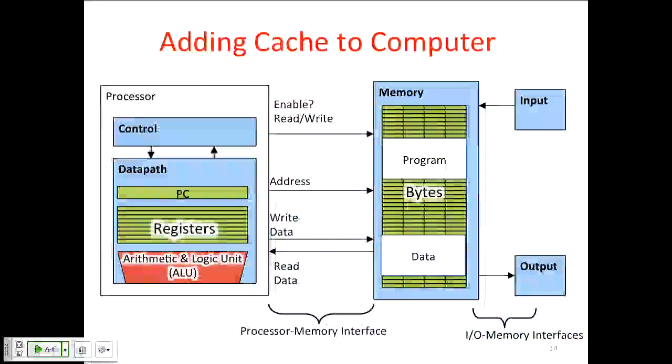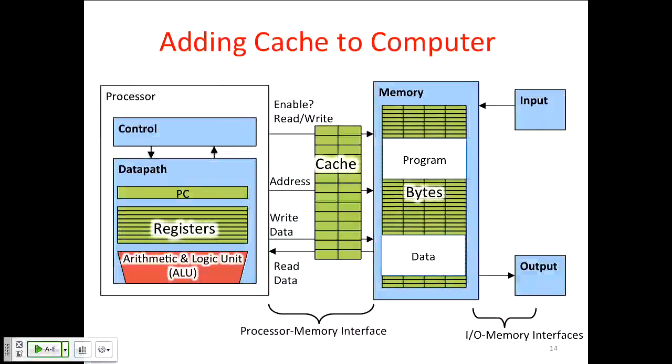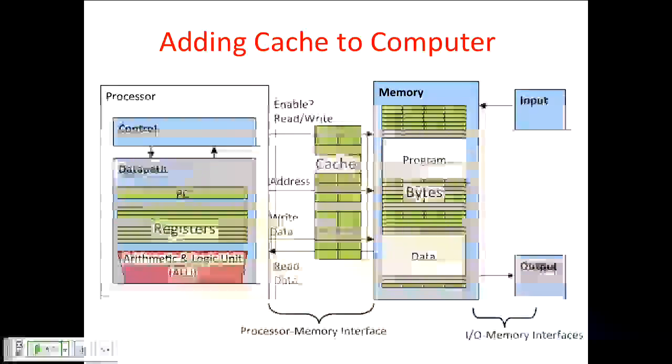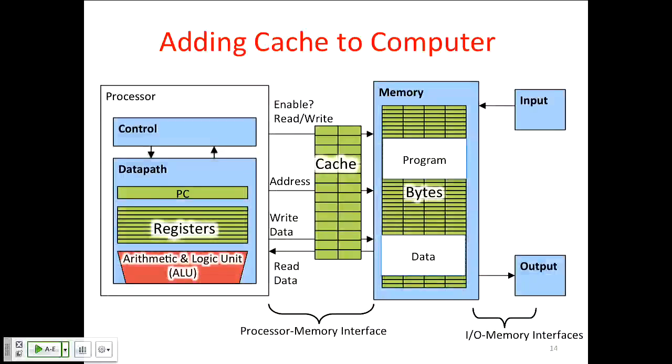So now let's try and speed this up by adding a cache to the computer. So this is our picture from before. The processor is putting the address out to the memory, waiting for the memory to respond, and then sometime later the read data is going to come back into the processor. So the bigger that memory, the slower that's going to be. Where the cache goes is right here. What we're going to do with the cache is intercept all the requests being made to memory. And what we're going to try and do is satisfy as many of those requests from the cache as possible so you don't have to go all the way out to the big memory, right?